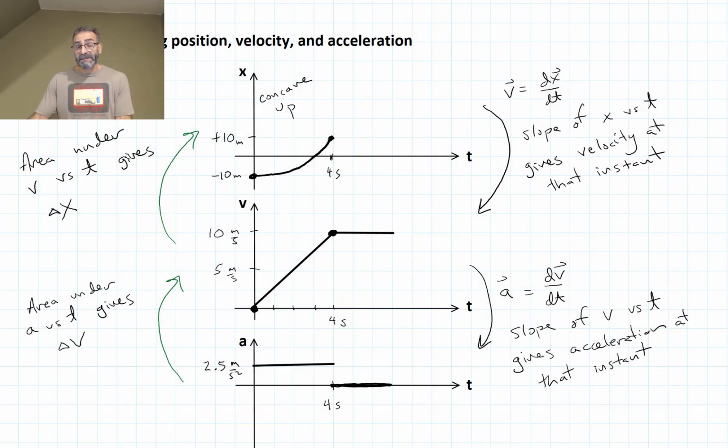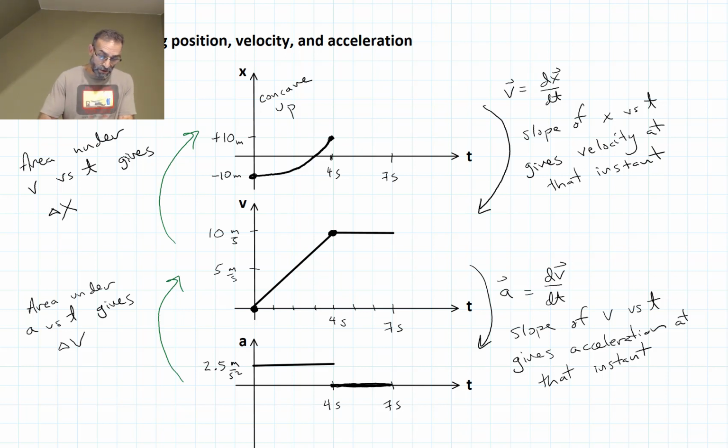And where is our object at the end of 7 seconds? If we coasted for 3 seconds, where is our object at t equals 7 seconds?